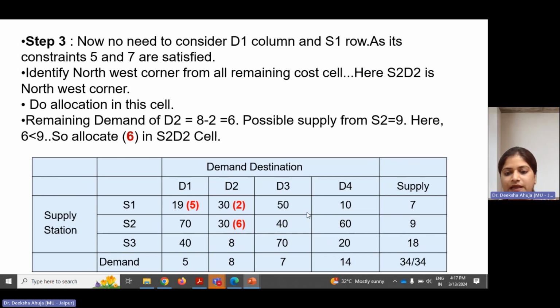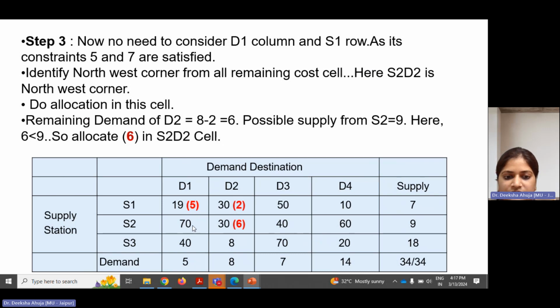Now we are already done with this column, as all the values are allocated. When you are allocating these values, make sure of one thing: the total that you are allocating in a row will be equal to the supply total for that row, and for each column, the total of the allocations will be equal to the demand.